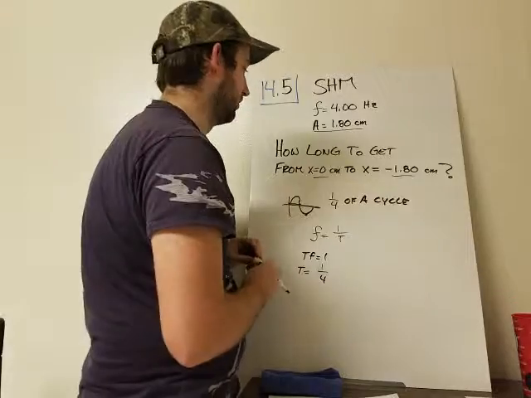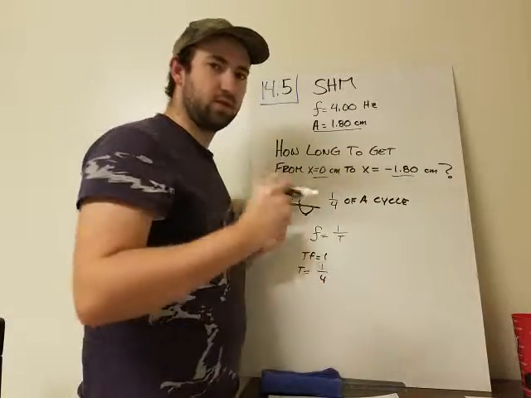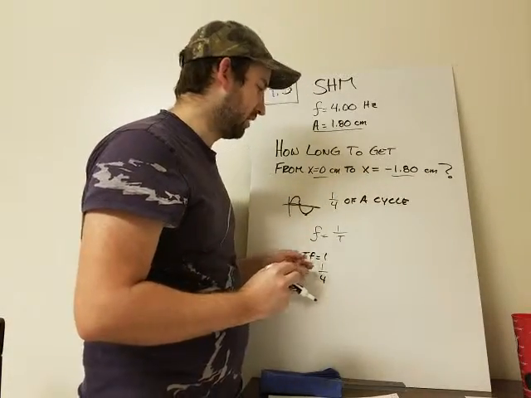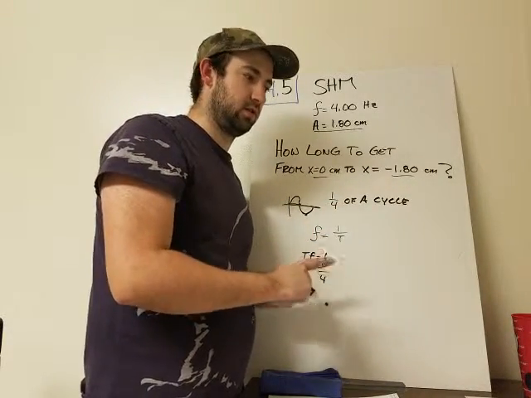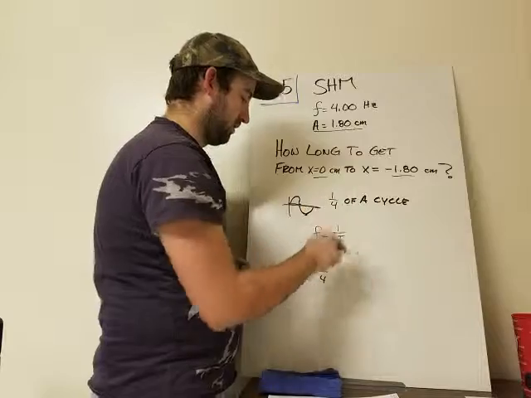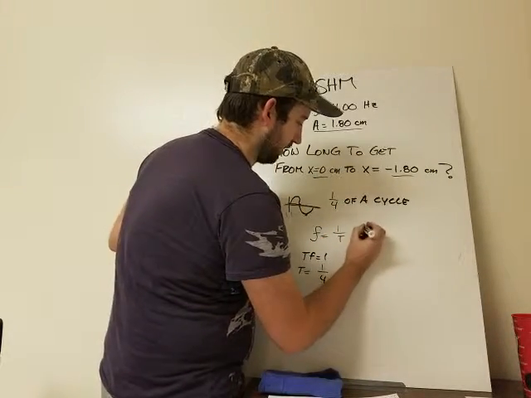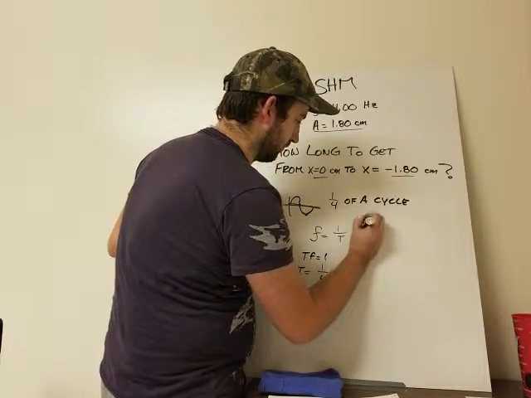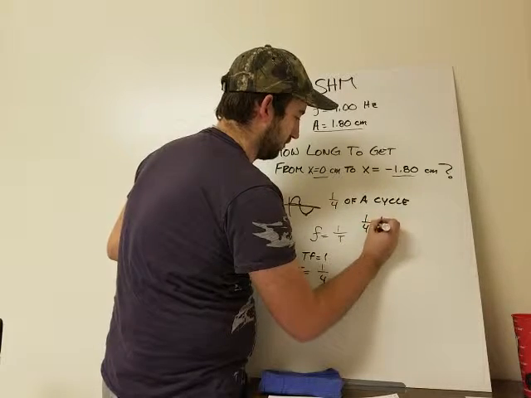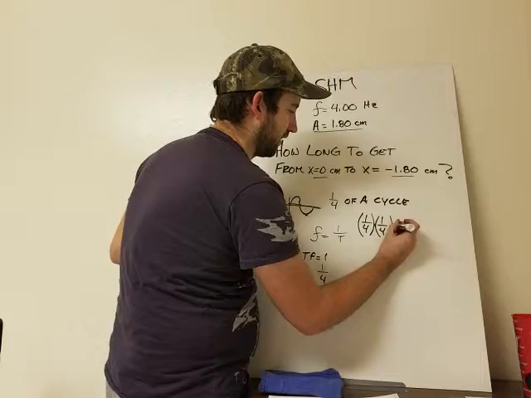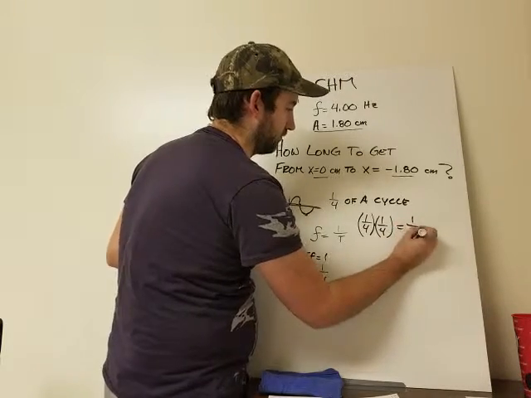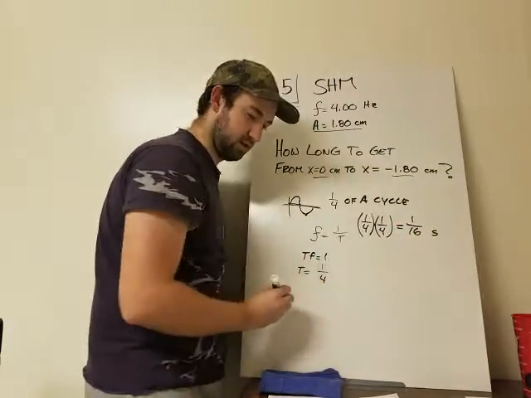So now we know how long one full cycle takes, which is the period. We know how much of that cycle we need to figure out the time for. So now we just multiply these together. So it ends up being 1/4 times 1/4, and that equals 1/16 of a second.